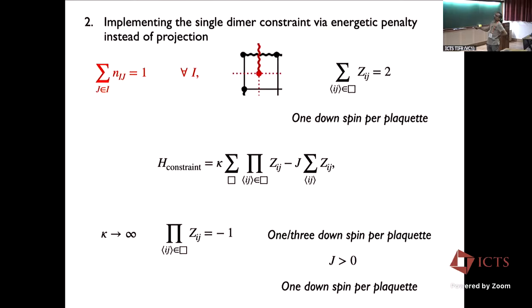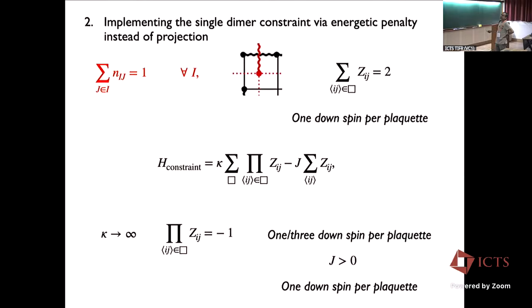One negative Z has one dimer, but it also contains the three-dimer case, where three Z's are negative on this plaquette, which corresponds to an unphysical three-dimer configuration, which the first term is blind to. The second term actually lifts this degeneracy for J greater than 0. It wants to minimize the number of Z spins which are down, and that splits this one-dimer and three-dimer degeneracy.